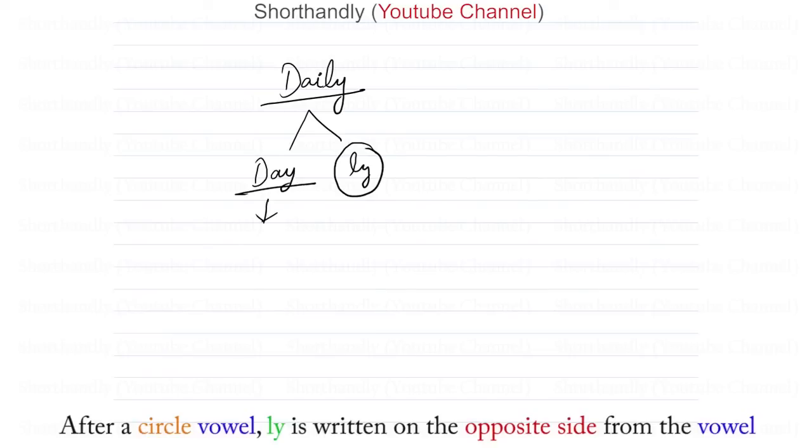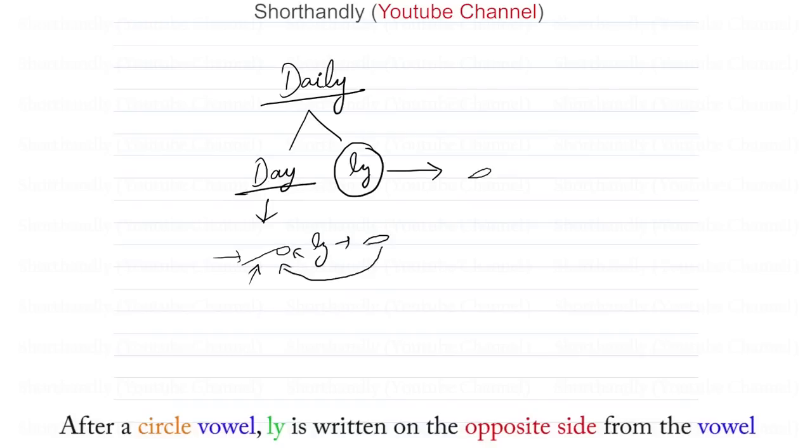We will be making this day word like this, because we have this long stroke which is D, then we made this circle which is a vowel. Now we already know that for the li suffix we use a loop like this. As we already have this day word here, how will we be attaching this additional li to the word day?